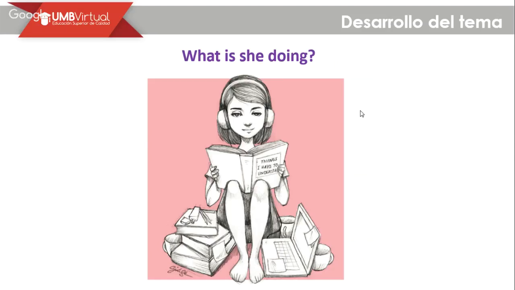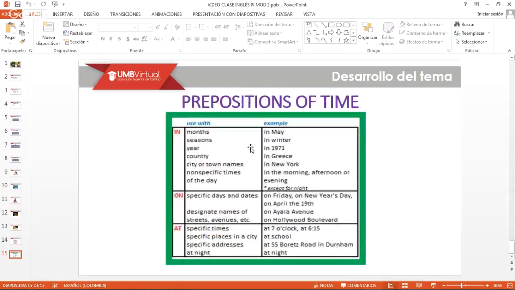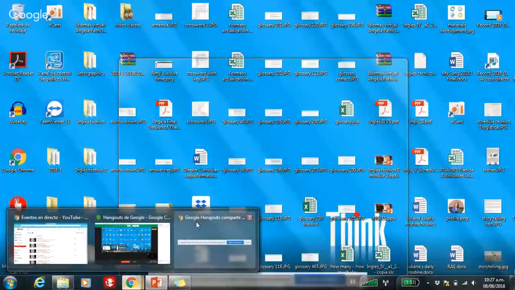Later we were talking about present continuous, so we are going to see what is the best video for you to submit. Okay, so now we're going to see our two activities that we're going to be focused on.